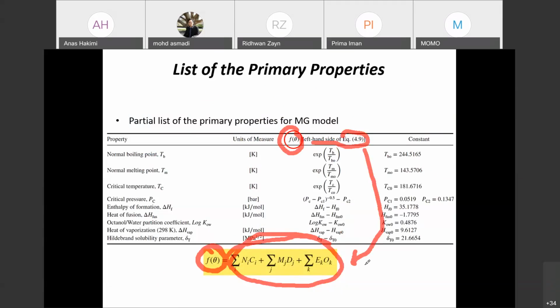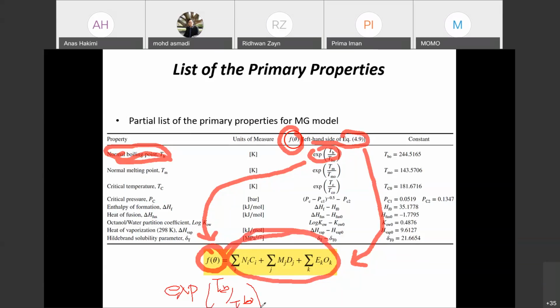For example, if you want to calculate the normal boiling point, you have to substitute into f of theta: f of theta will become exp of Tb divided by some constant. This is what you have to substitute. So this is the expression we are interested in on the left side. This is all for the left side.